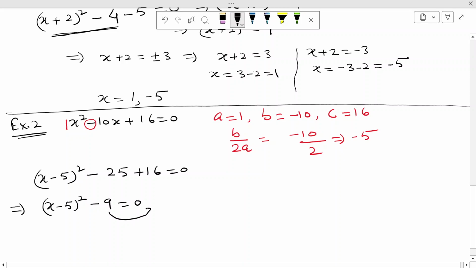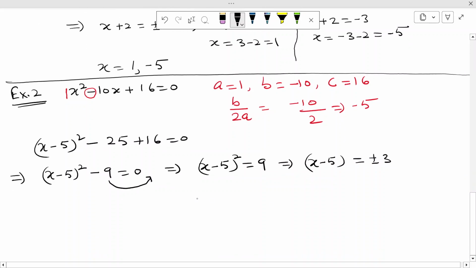Now we transfer this 9 towards the right hand side, so you will get x minus 5 whole square as 9. So this will be x minus 5 is equal to plus minus 3. Again, if you consider x minus 5 is equal to 3, this will give you x is equal to 3 plus 5, which is 8.